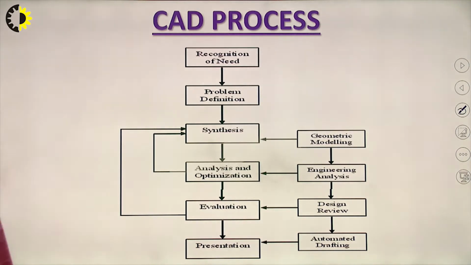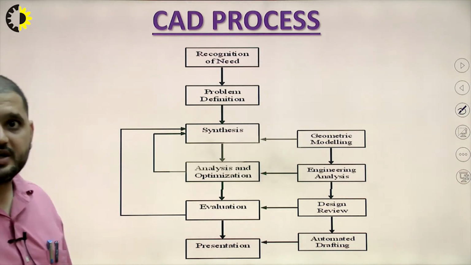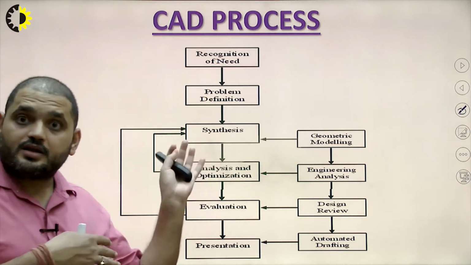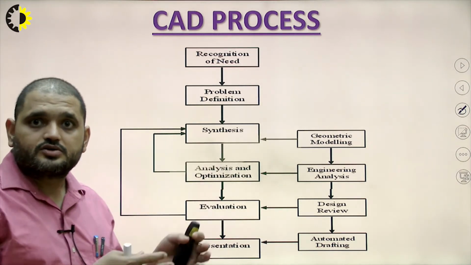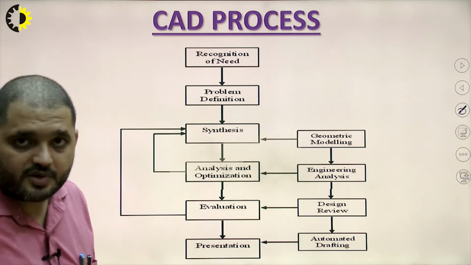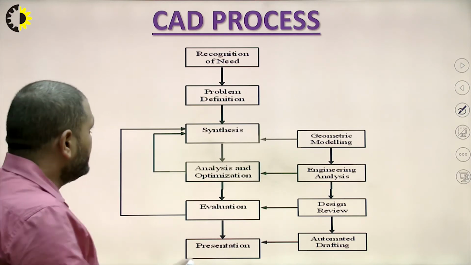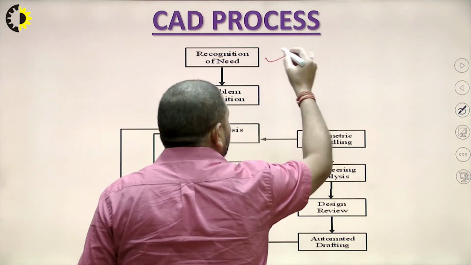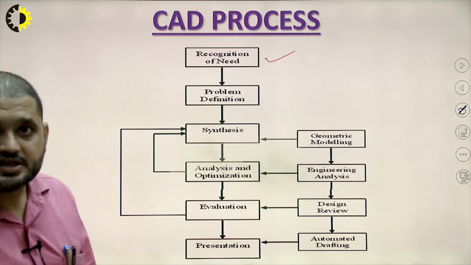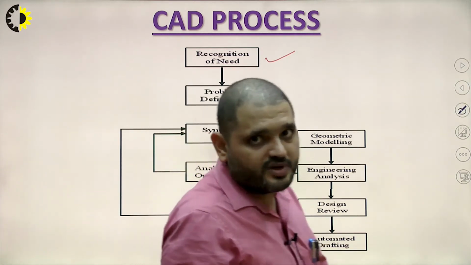Now this is a flow chart for the CAD process, which we have already learned in the last lecture. This is the finalized CAD process flow chart. First is recognition of need, where the need for the product arises and why that product is to be made.